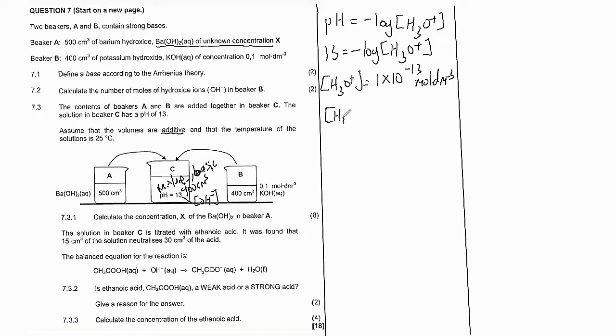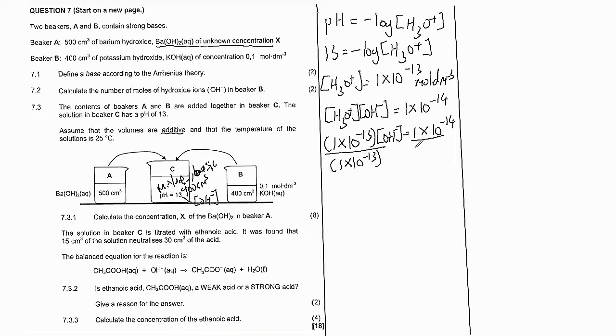To calculate further, the concentration of hydronium ions multiplied by the concentration of hydroxide ions equals 1 × 10⁻¹⁴. This appears in your formula sheet. So we have 1 × 10⁻¹³ multiplied by the concentration of hydroxide ions, which equals 1 × 10⁻¹⁴. We divide both sides by 1 × 10⁻¹³ in order to get rid of it.